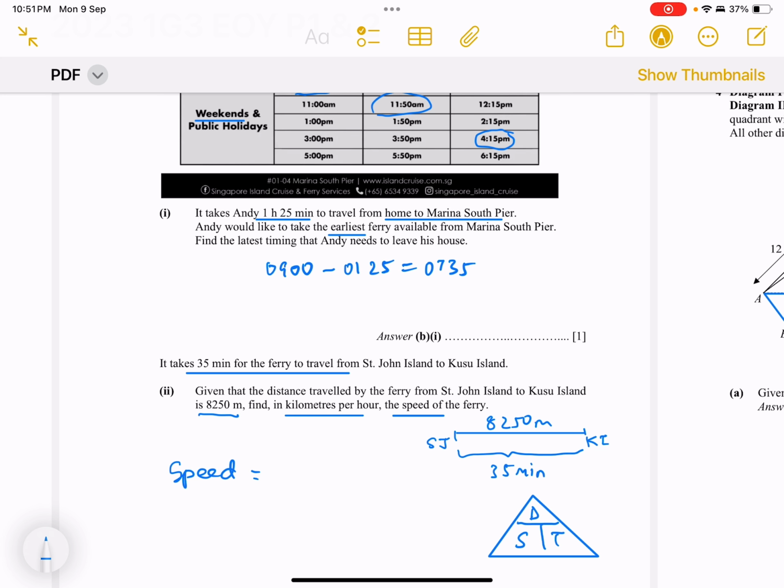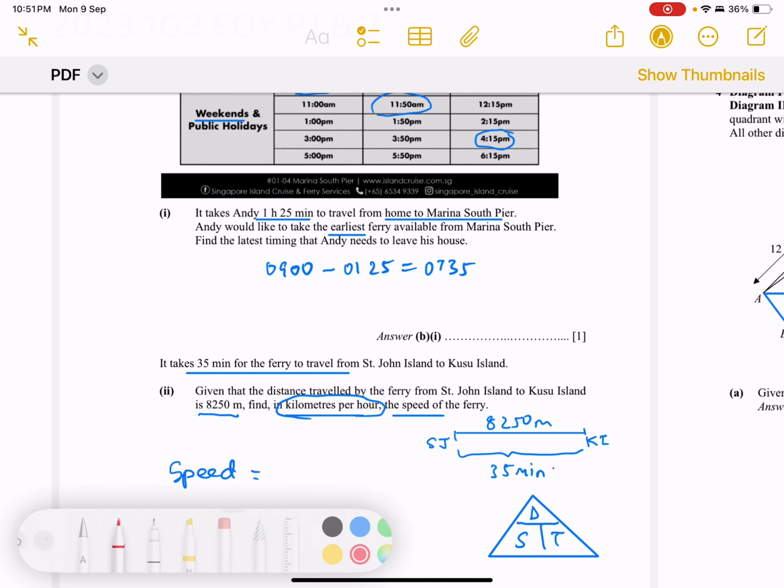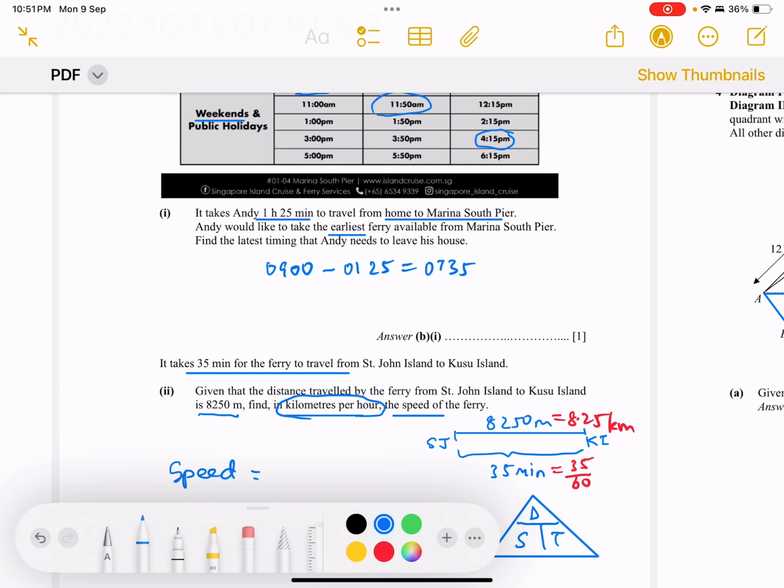So what we want to find is the speed of the ferry, in kilometers per hour. Right, so we have to change all our values to kilometers and hours. So this one will be 35 over 60, and this will be 8.25 km. Alright, so now we have the right units.